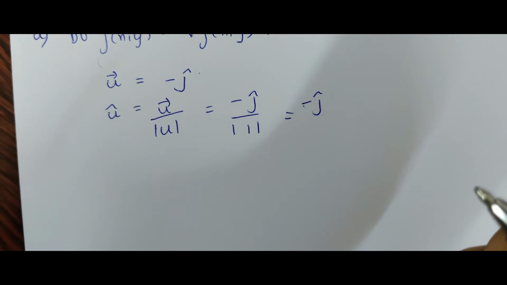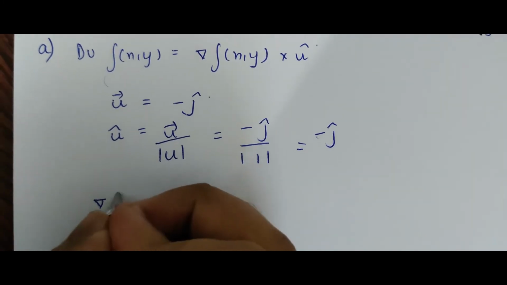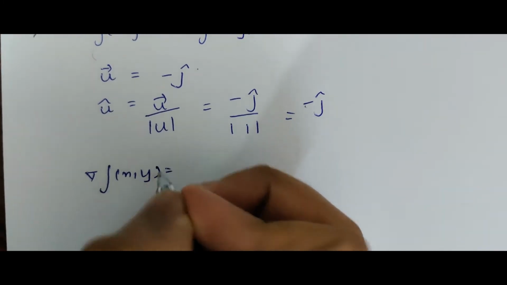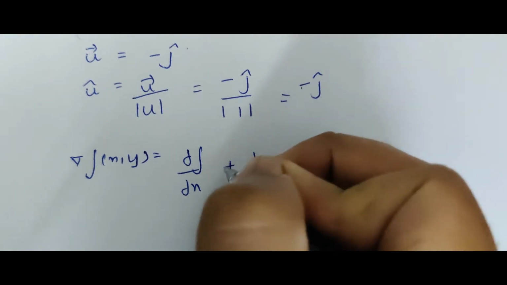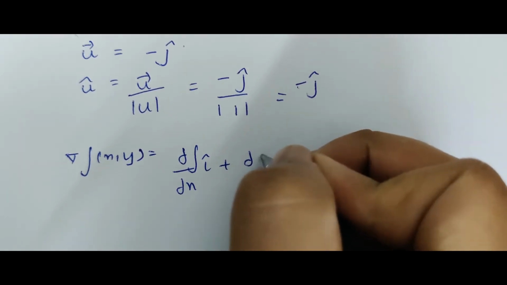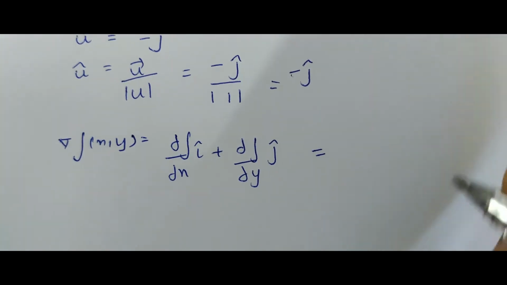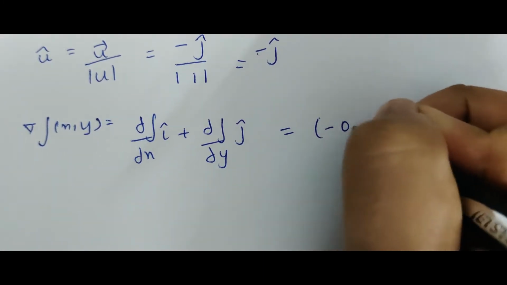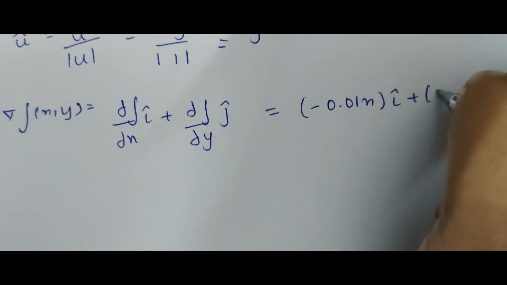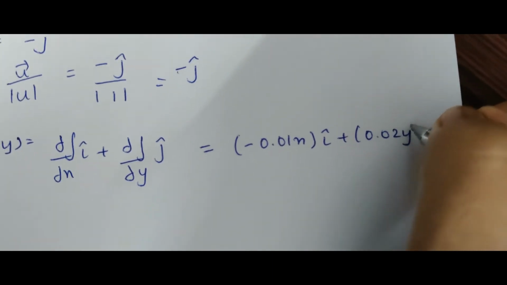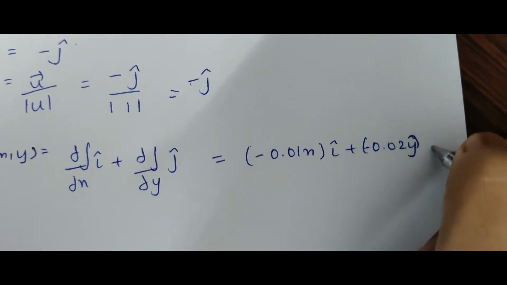Now to find the gradient of the function, which will be equal to del f by del x i cap plus del f by del y j cap, which is then equal to minus 0.01 x i cap minus 0.02 y j cap.